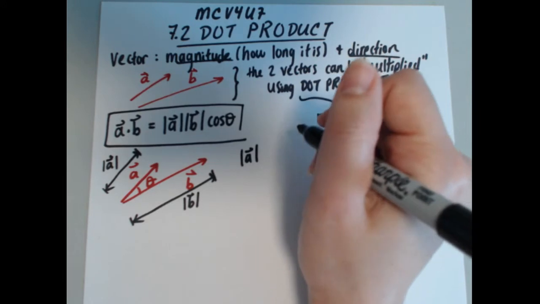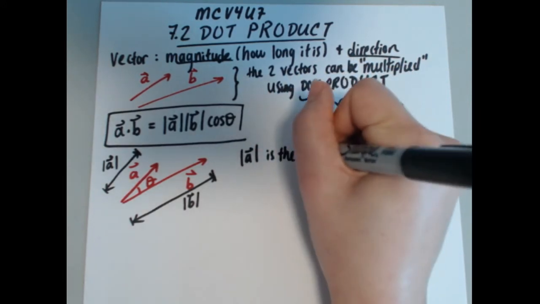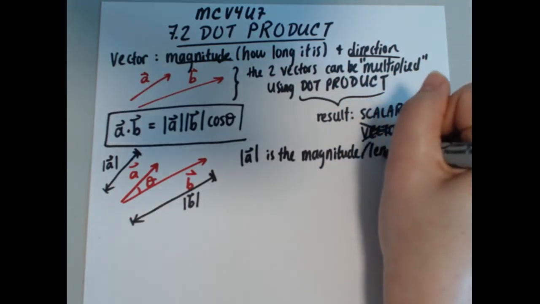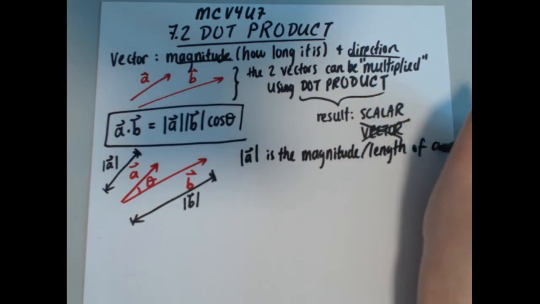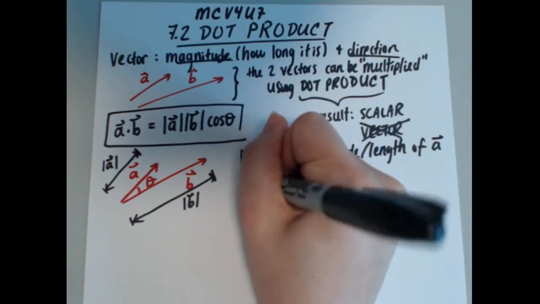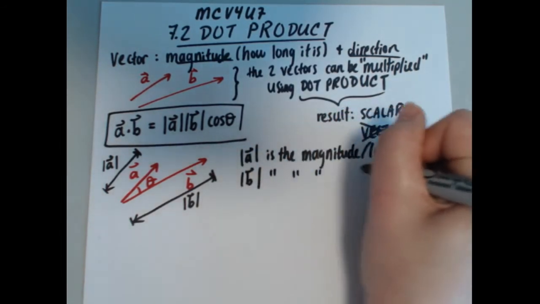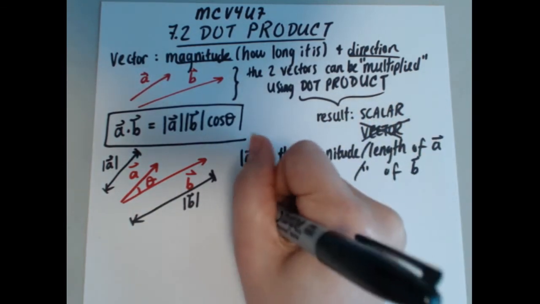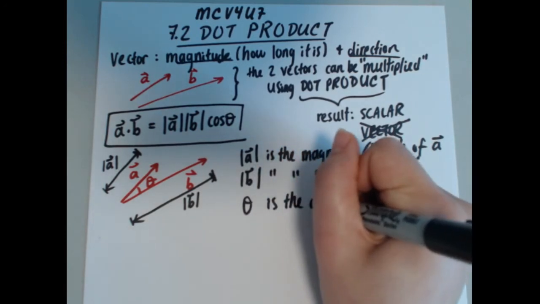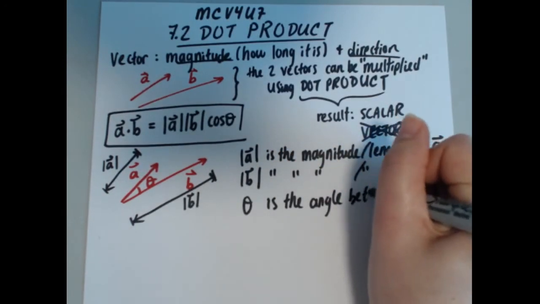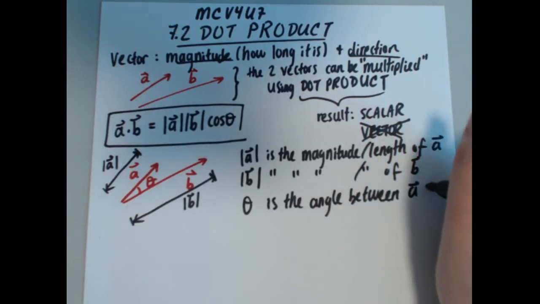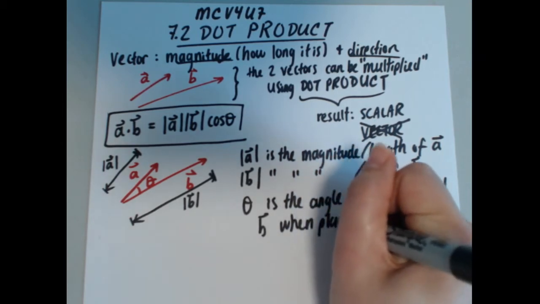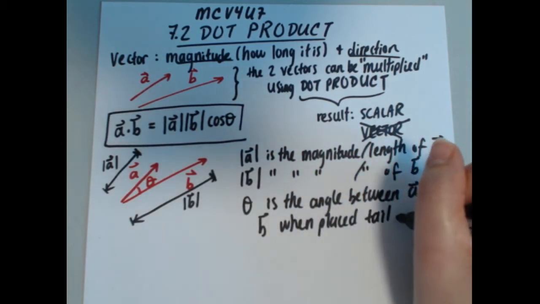So absolute value of vector A is the magnitude, also known as the length of vector A. Absolute value of B is the magnitude, or length, of vector B. And theta is the angle between vectors A and B when placed tail to tail. That's very important.